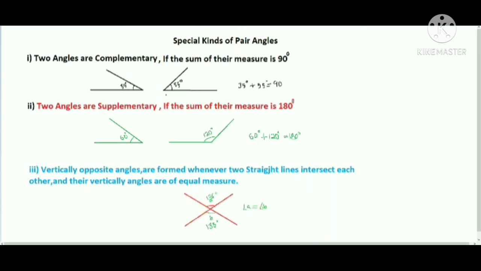Now, same like that, this angle also, its vertically opposite angle is this angle. Okay, so if it is C and it is D, then C equals D, because these are vertically opposite angles.